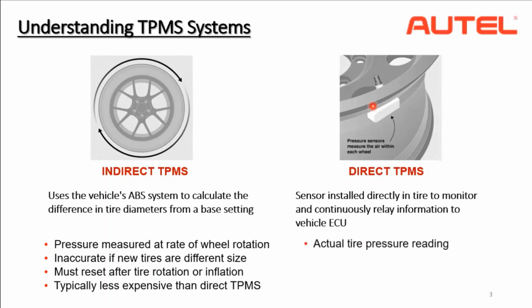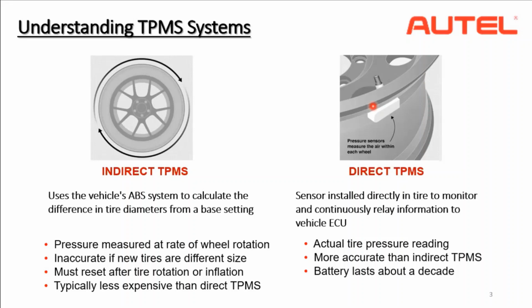Unlike indirect TPMS, you can always get the live tire pressure data from the direct TPMS, even though the car is stationary. It is more accurate than the indirect TPMS, and the battery lasts about a decade.